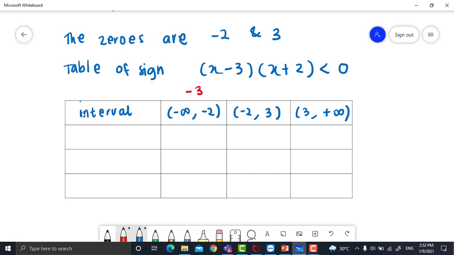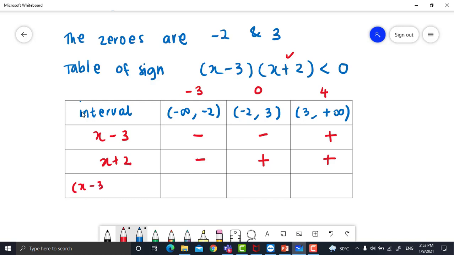The test value for each interval: less than negative 2, negative 3; here, 0; greater than 3, we can choose 4. Substitute negative 3 into x minus 3, you'll get negative answer. Then 0 minus 3, negative. 4 minus 3, positive. Next factor is x plus 2. Negative 3 plus 2, negative sign. 0 plus 2, positive. 4 plus 2, positive.